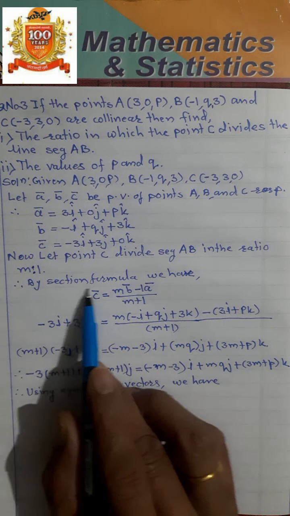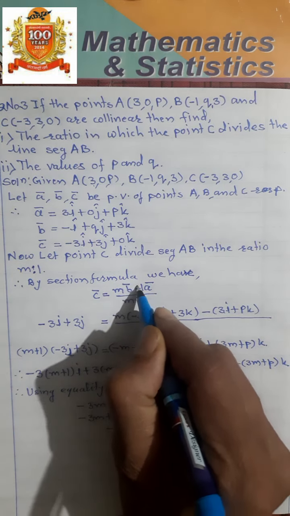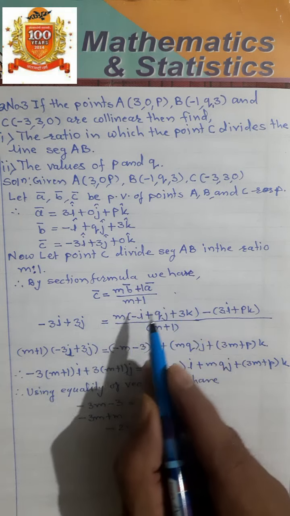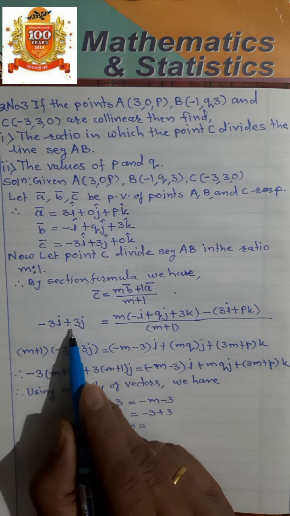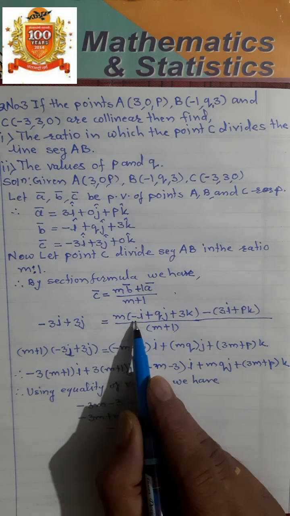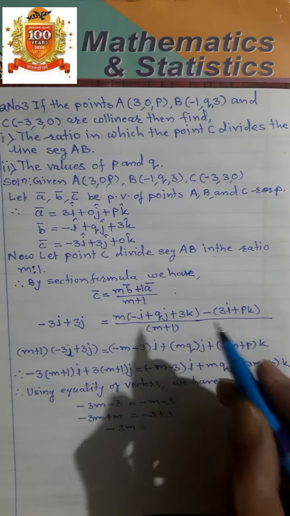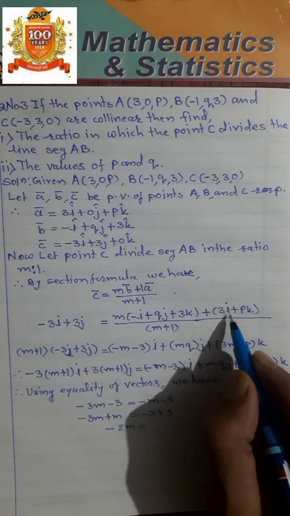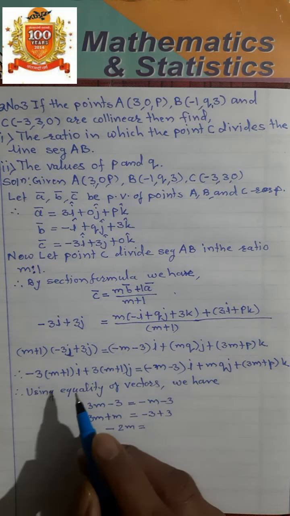Here by section formula we have c bar is equal to (m b bar plus 1 a bar) upon (m plus 1). Therefore, put the values: minus 3i plus 3j is equal to m into (minus i plus qj plus 3k) plus 1 into (3i plus pk) upon m plus 1.